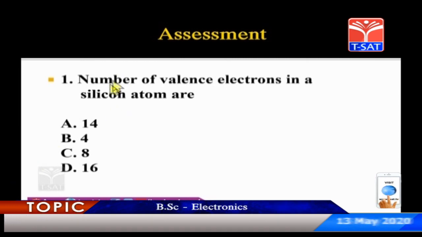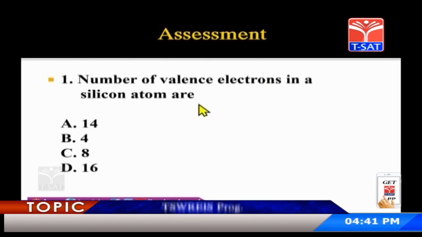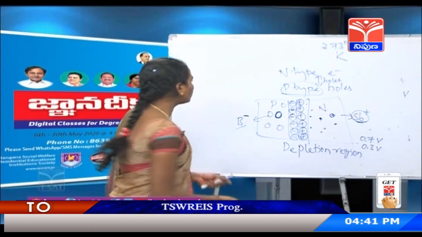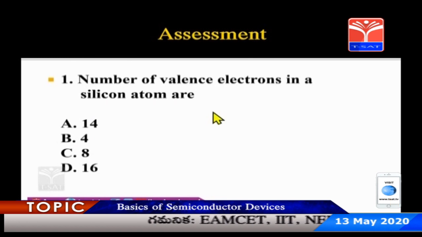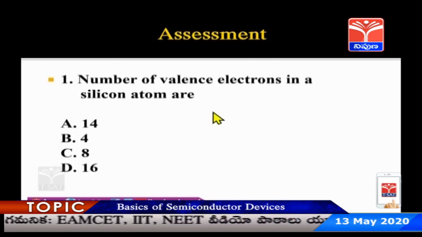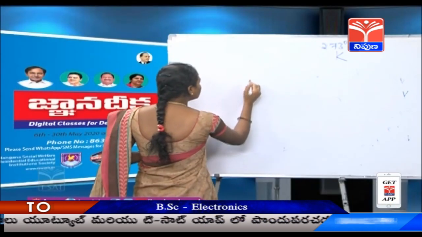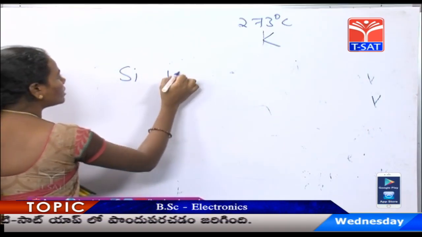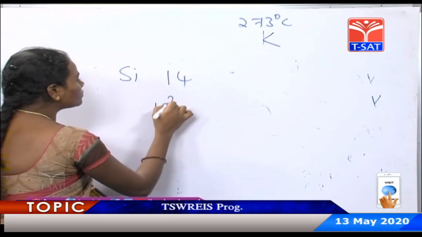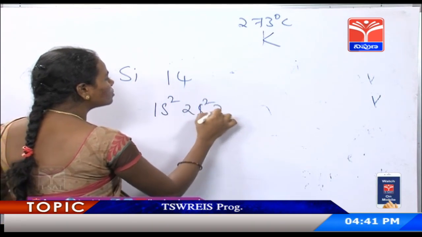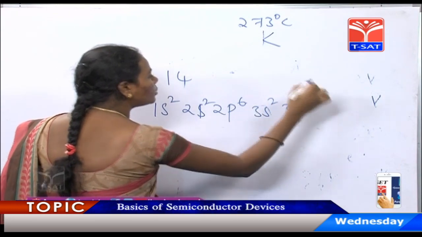The question is: the number of valence electrons in a silicon atom is. What is the atomic number of silicon? It is 14. So what is the electron configuration? It is 1s2, 2s2, 2p6, 3s2, 3p2.